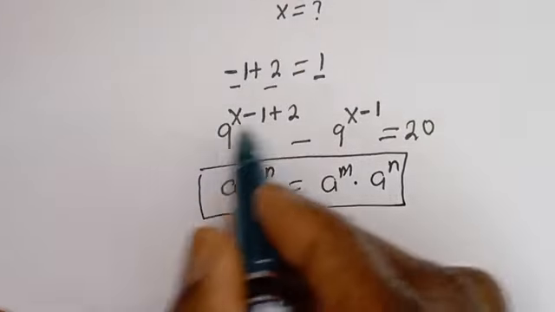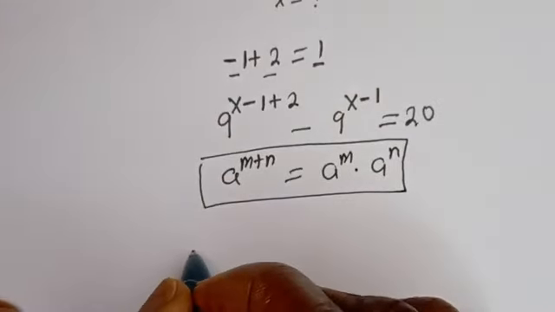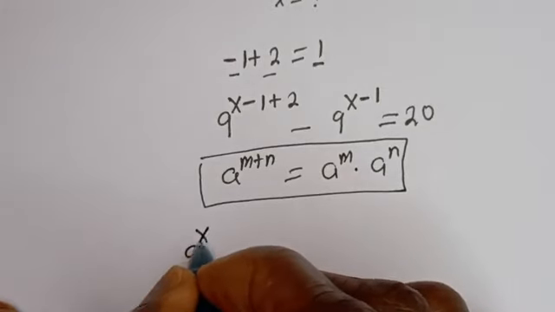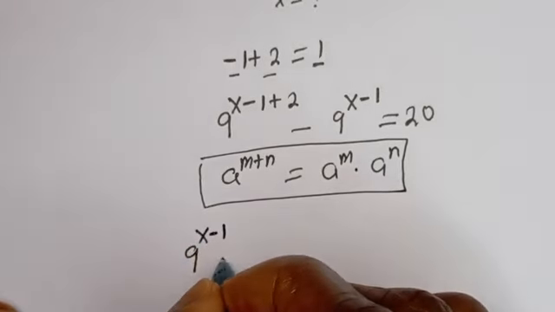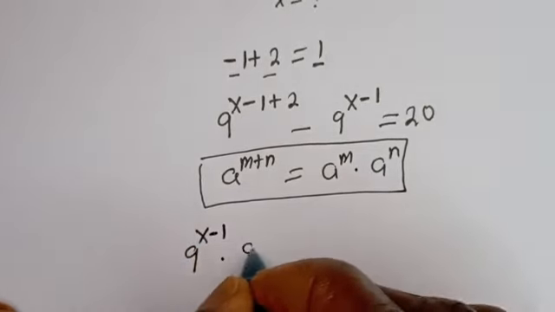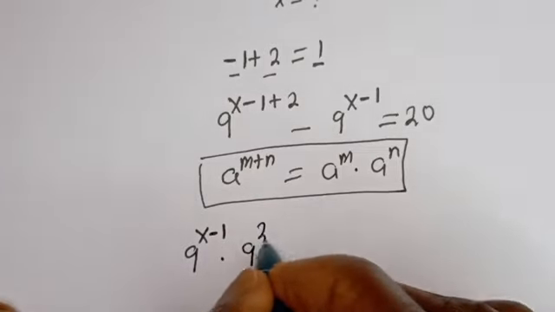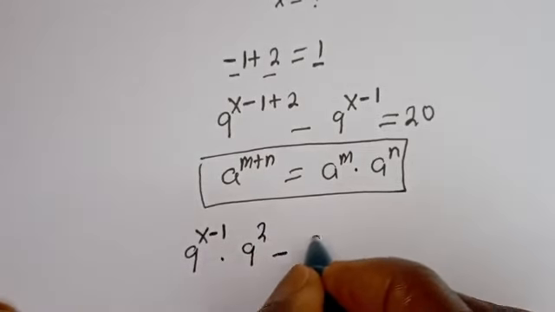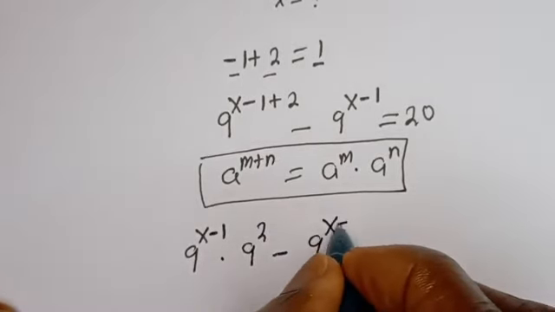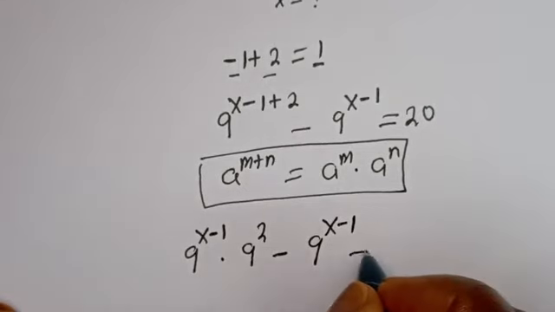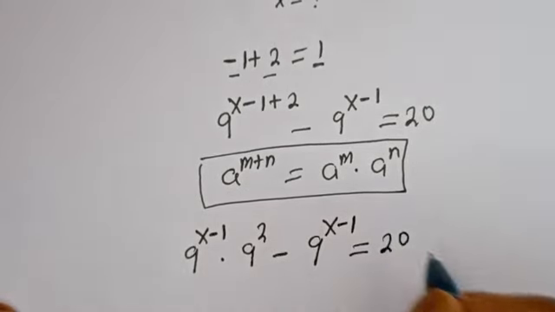Then this can be written as 9 to the power of x minus 1 multiplied by 9 square minus 9 to the power of x minus 1 is equal to 20.